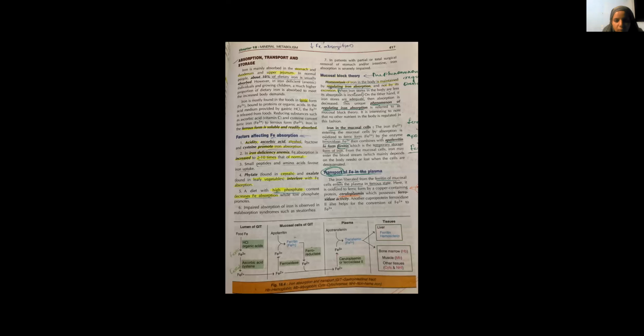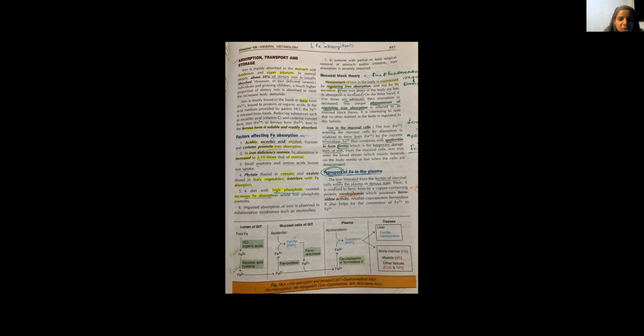Yes. So, what are the factors affecting iron absorption? I told you we need acidity, vitamin C, ascorbic acid, alcohol, fructose, and cysteine. They all promote iron absorption. Any four factors he has asked. So, you can write acidity, one or two examples.